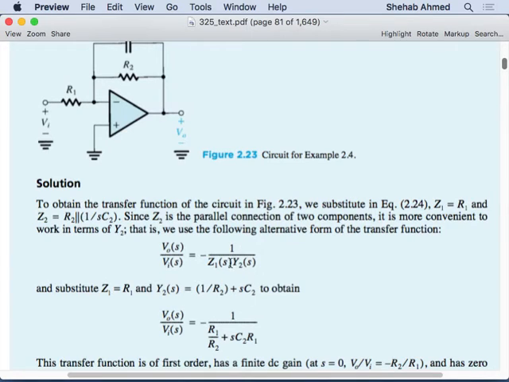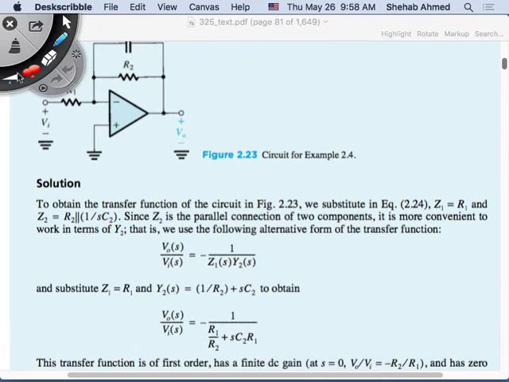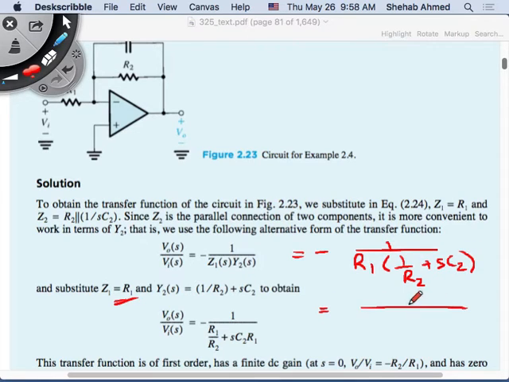Let me write it down. It equals minus 1 over Z1, which is R1, and Y2 is 1 over R2 plus SC2, and then they just simplified that. So R1 over R2 plus SC2 times R1.